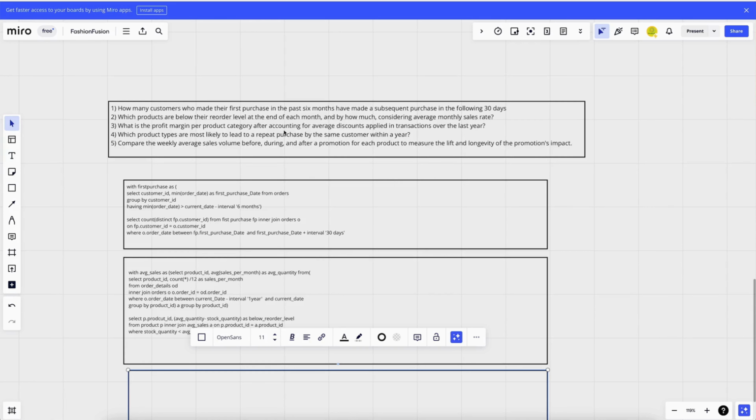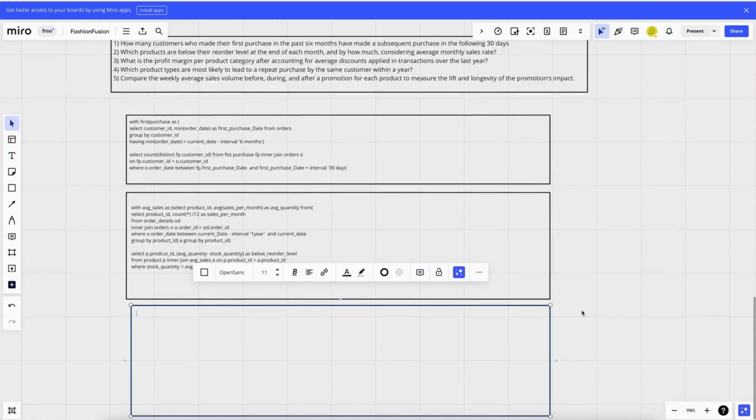Then for each product we'll get the profit margin. So this seems to be very straightforward. Let's start selecting. They want the product category, so select product category.